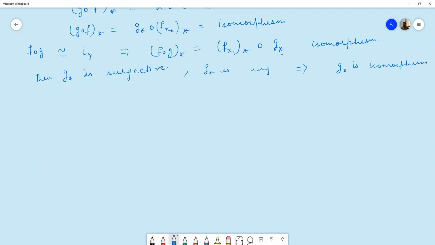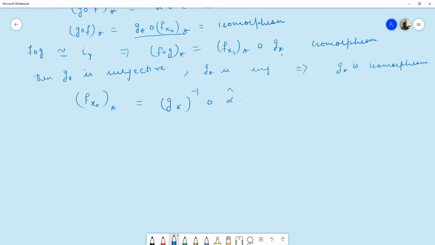Now from the first equation, since G star is an isomorphism, we can conclude that F_x0 star is G star inverse circle alpha cap, because G star is an isomorphism so we can take its inverse.